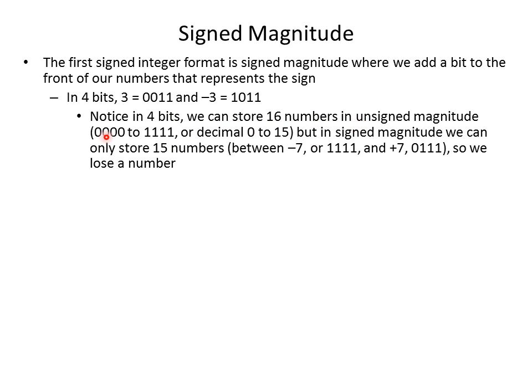That means 0000 to 1111, or decimal 0 to 15. But in signed magnitude we can only store 15 numbers between -7, or 1111, and +7, that means 0111. So we have lost a number.